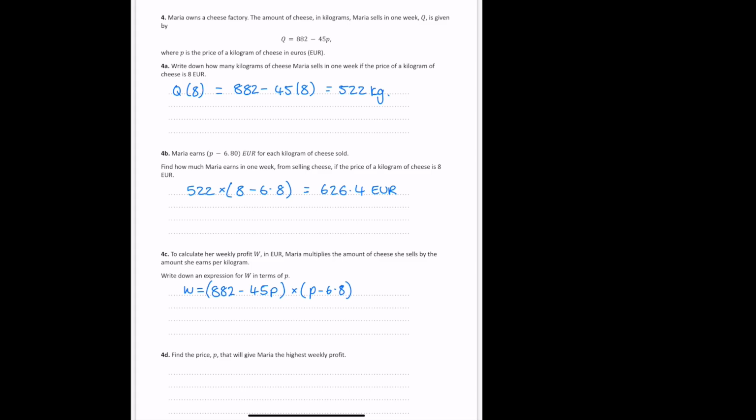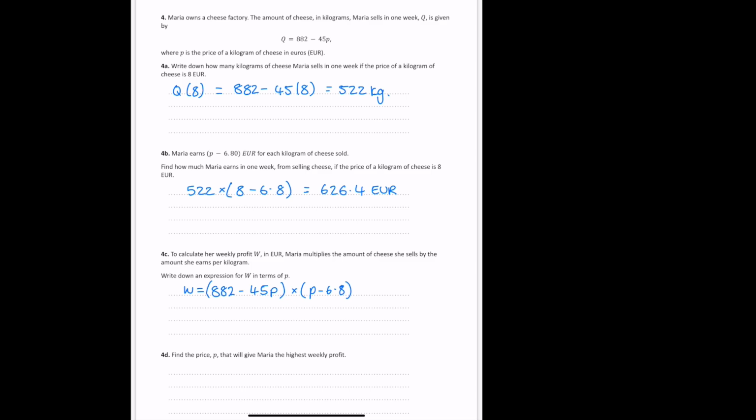So then finding the highest profit, I now need to plot the function of this new graph of W, which is the profit. And because we've got a P here and a P here, it's going to multiply together to make a P squared. So it's going to give me a quadratic with a maximum point for that maximum profit.